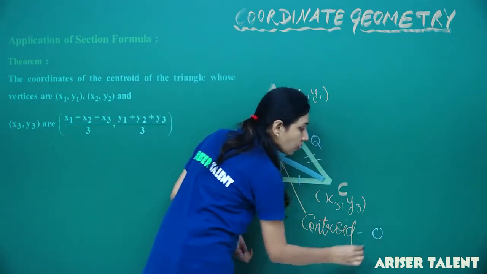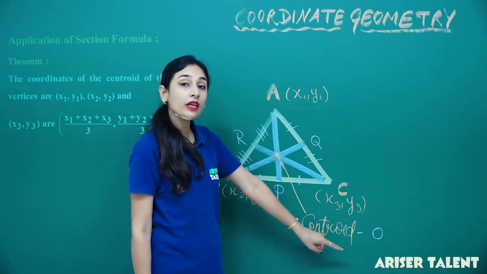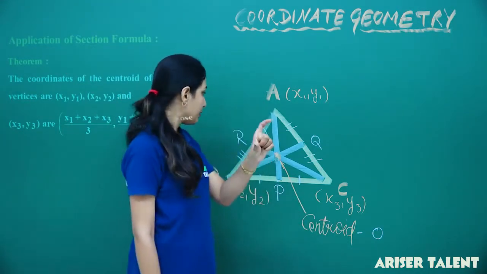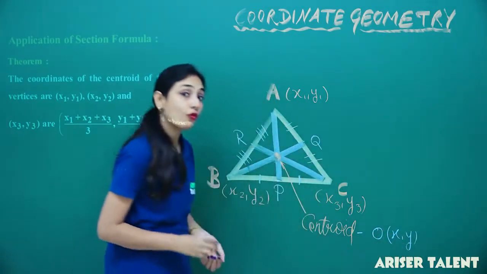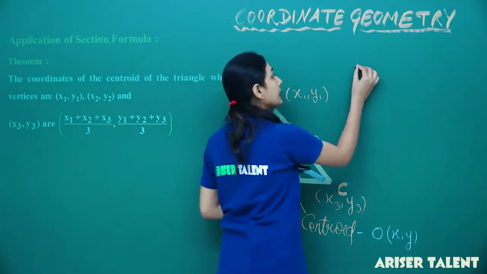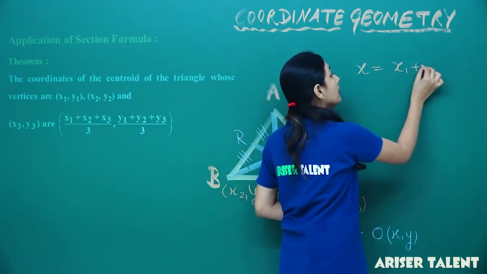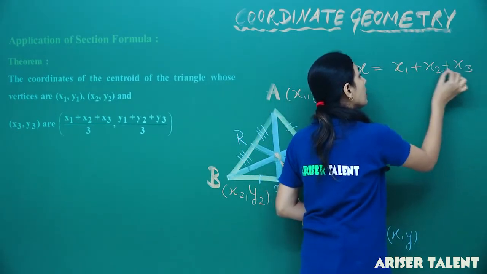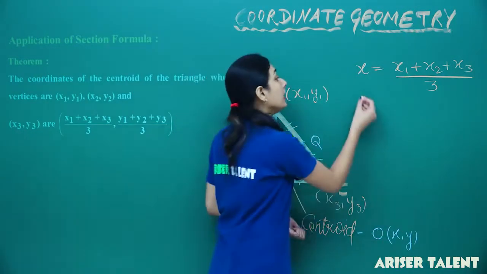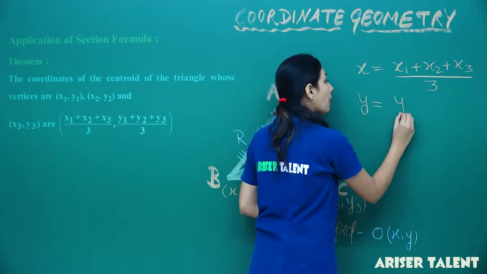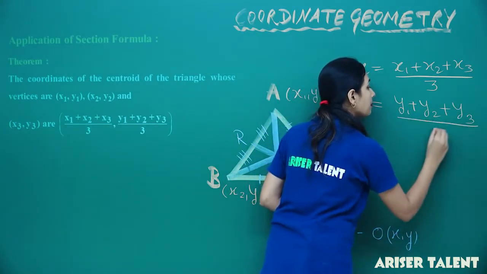Let's suppose the coordinates of point O are x, y. The value of x will be x1 plus x2 plus x3 by 3, and the value of y will be y1 plus y2 plus y3 by 3.